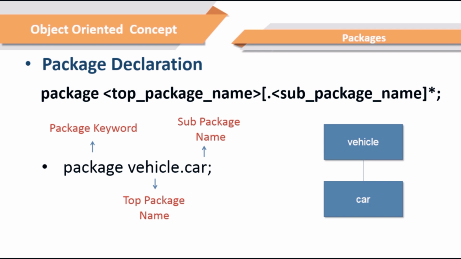Package declaration is done at the beginning of the source file. Only one package declaration can be done per source file, and if no package is declared, then the class belongs to the default package. And the package name must be hierarchical and separated by dots.